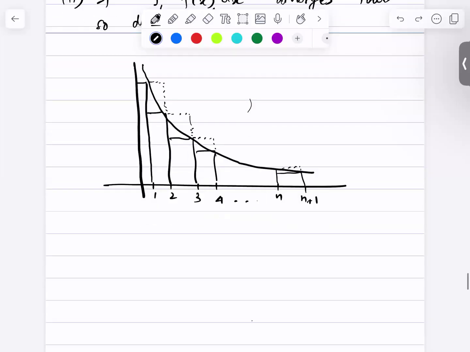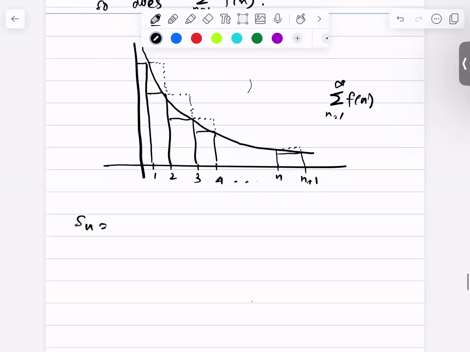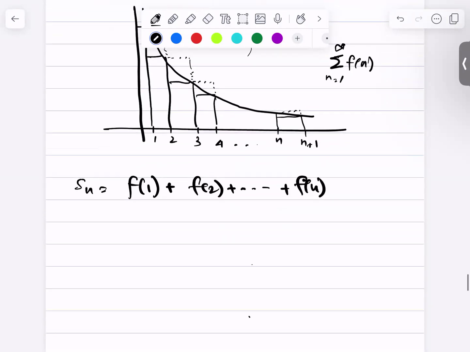Okay, so now for a general series, say, the summation of f(n) from 1 to infinity. This is my series where I have just written f(n) instead of a_n, which is totally fine. Then S_n is just f1 plus f2 plus so on till the first n terms, f(n).